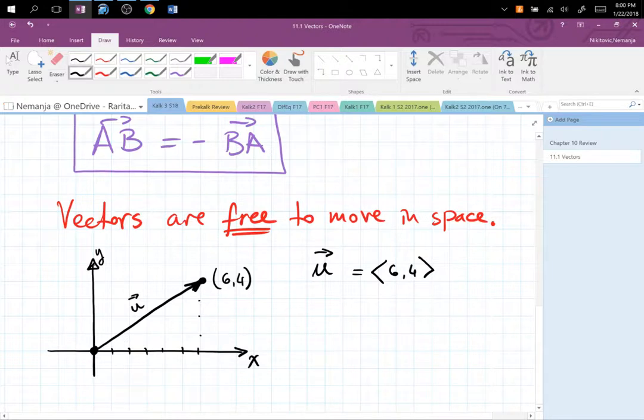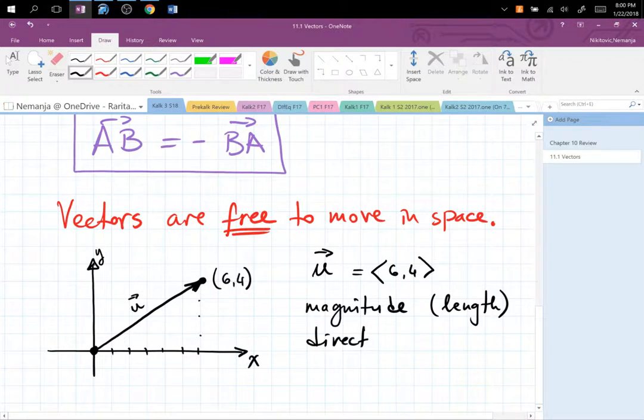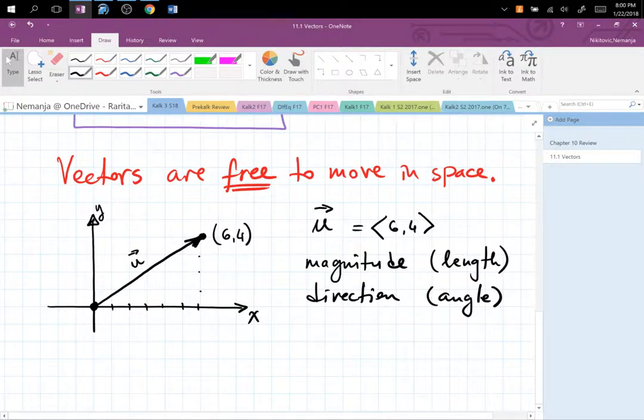It has magnitude, which is the length, and it has direction, which is the angle. Now, you are observing over there a triangle, and hopefully common sense kicks in: Pythagorean theorem to figure out the length, and a simple inverse tangent to figure out the theta for the angle.